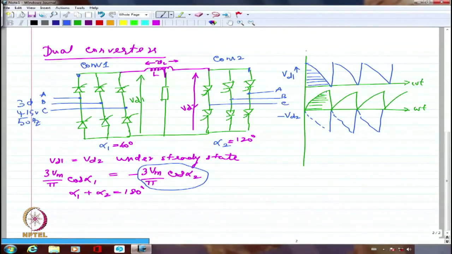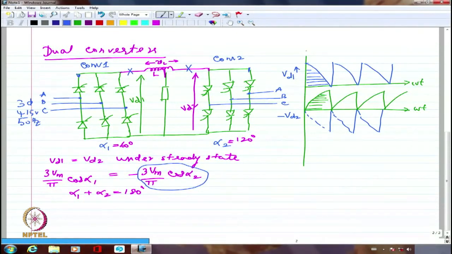Both are essentially similar. But instant to instant, if I look at the voltages, they are different. Here it is 0, whereas here it is maximum. And here this is 0, but here this is maximum. So if I look at the voltage at this point and this point, on an average basis, although they are the same, instant to instant the voltages happen to be different.